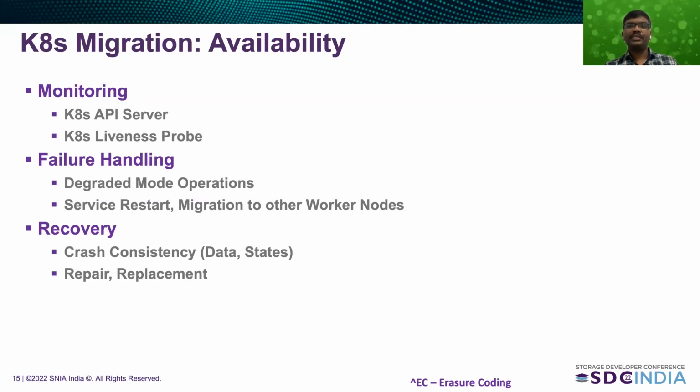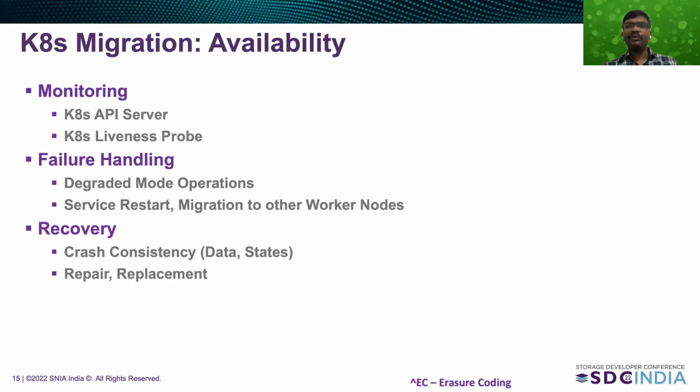Distributed applications may need to monitor failures in the system to exhibit fault tolerance. Kubernetes API server can provide this functionality. Besides this, liveness probes can also be used to integrate into the Kubernetes system for availability.